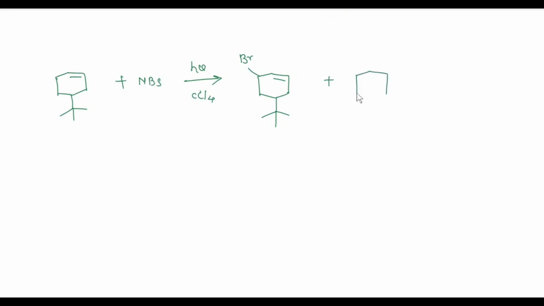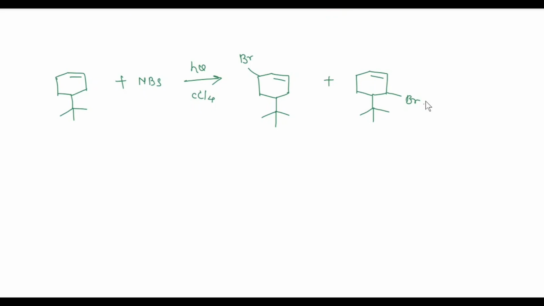Consider a simple reaction in which an alkene is treated with NBS in presence of light. We get a mixture of two products. First one is this and second is this one.